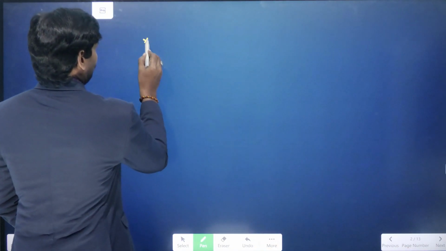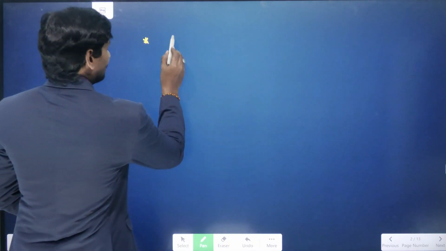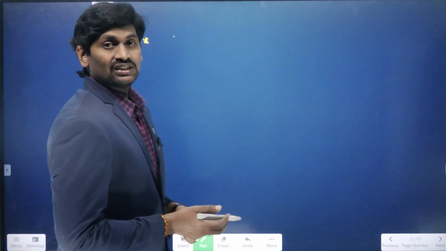Next property. nC0, nC1, nC2 are the coefficients of the binomial expansion of (x plus y) whole to the power of n. Instead of always writing nC0, nC1, we can write C0, C1, C2.